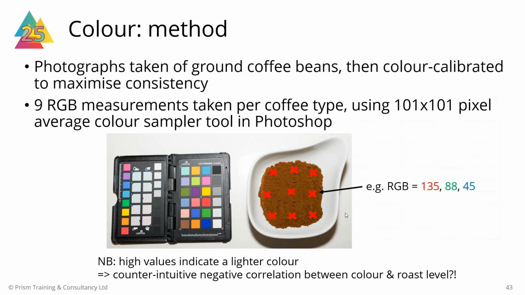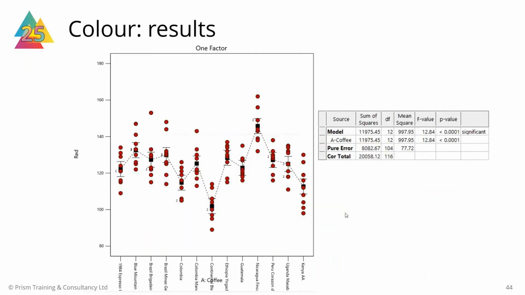So a high value is a light roast, a low number is a dark roast. So there was a slight error on my part when calculating this value, but there we go. It's still a valuable measure of how roasted these things are. And we can see, again, statistically significant differences in the colour between each of my 12 coffee types.